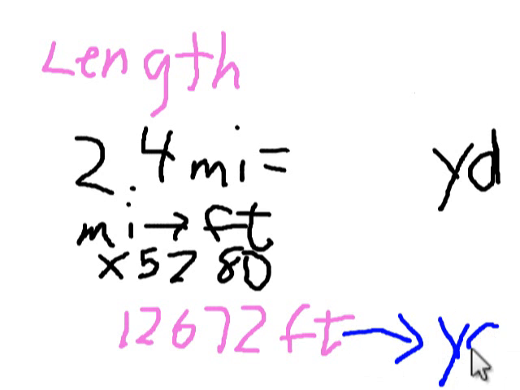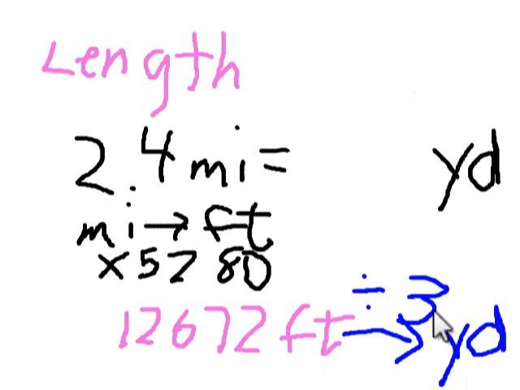So to change feet into yards, I need to know that there are 3 feet in every yard. A foot is smaller than a yard, so I'm going to divide this answer, 12,672, by the magic number 3. Small to large, I'm going to divide because it takes fewer yards than it does feet to cover the same amount.